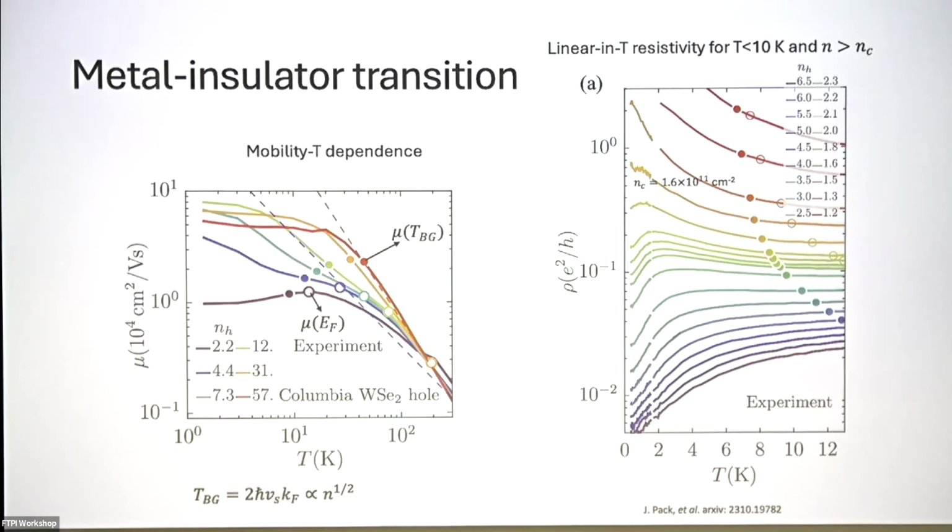So again, this indicates there's a strong interplay between disorder and interaction in this kind of system. But my focus in this talk is not the metal-insulator transition or the insulating part. I will focus on explaining why the resistivity has a linear-in-T temperature dependence on the metallic side.